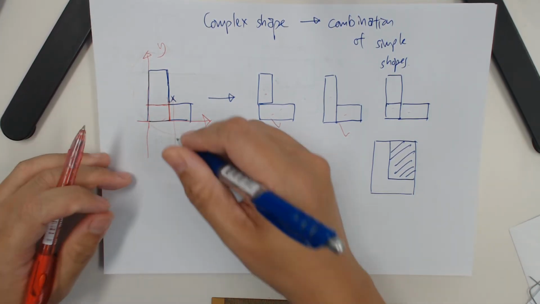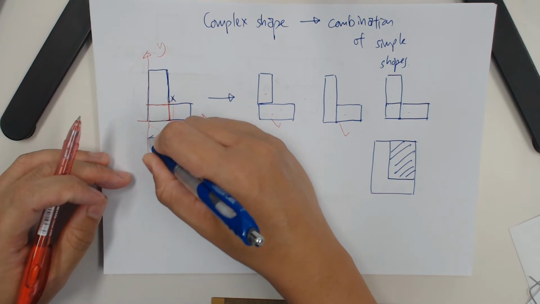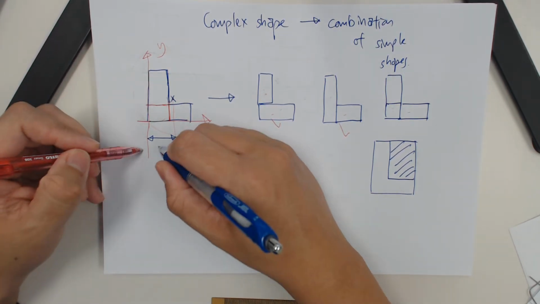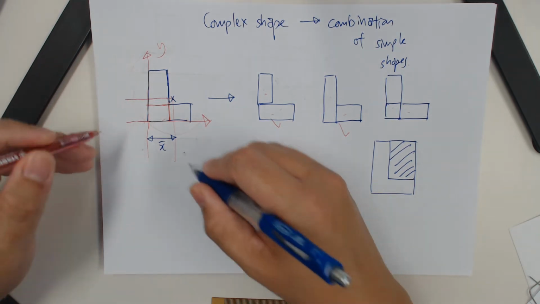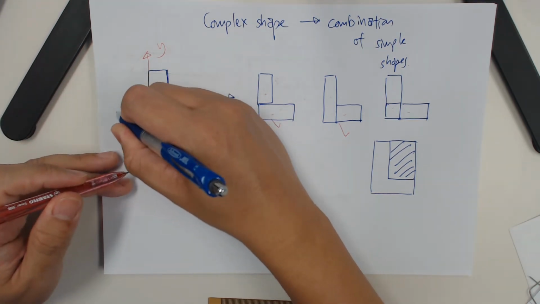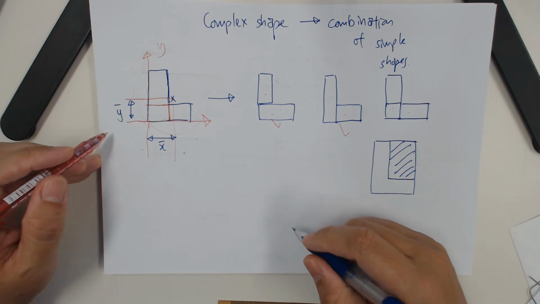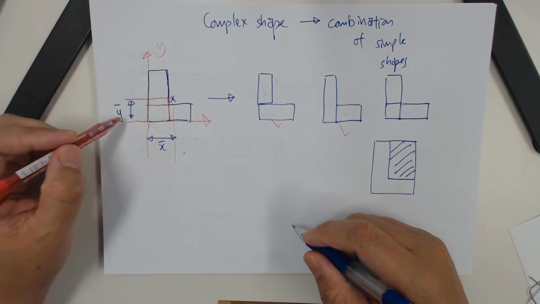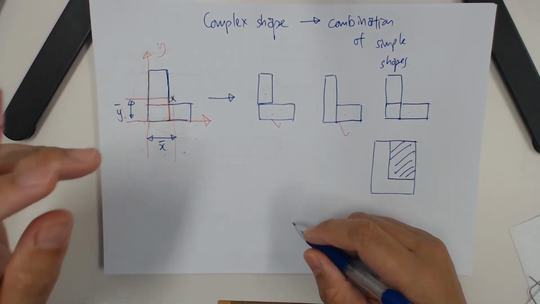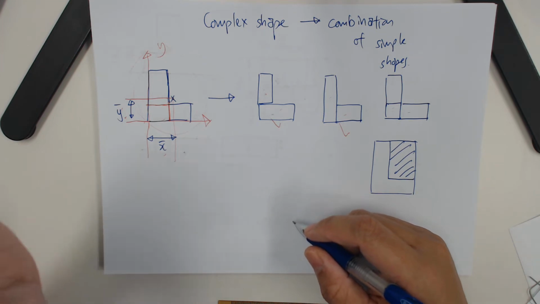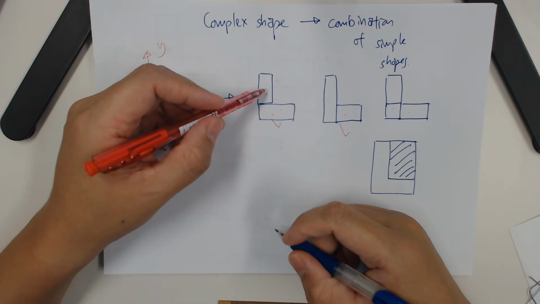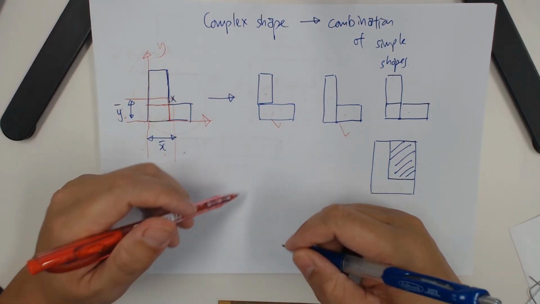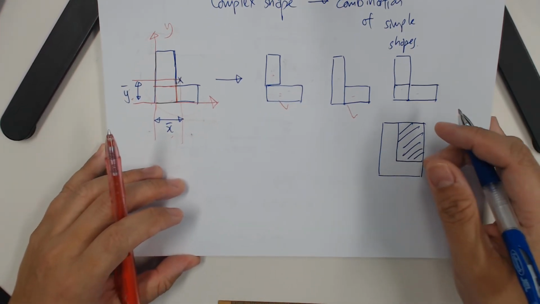This is your job to find: with respect to this axis, what is the x bar, and with respect to the x axis, what is the y bar. So your job is to find these two values by using a standard equation that uses a combination of simple shapes. So what do I mean?